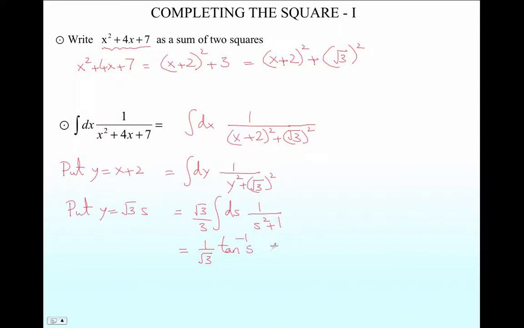And now we can just keep substituting back. So this is 1 over square root 3 tan inverse s, where s is y over square root of 3, and y is x plus 2. So we have x plus 2 over square root of 3. And so we have now found the desired integral to be this value over here.